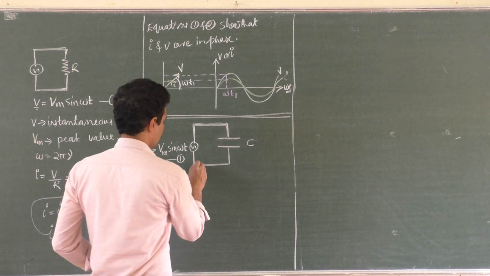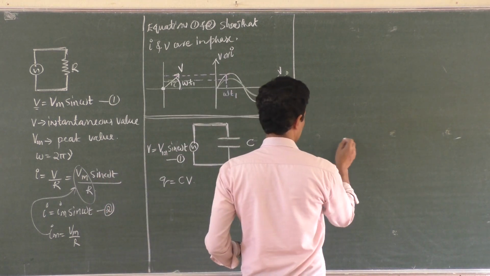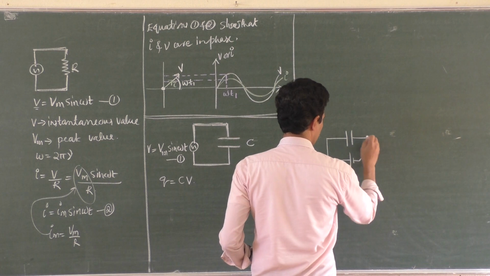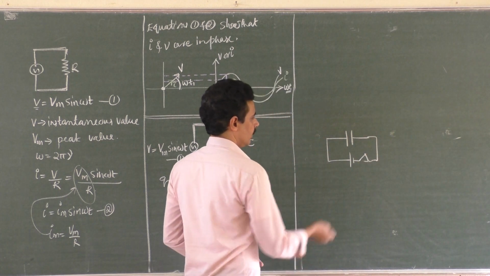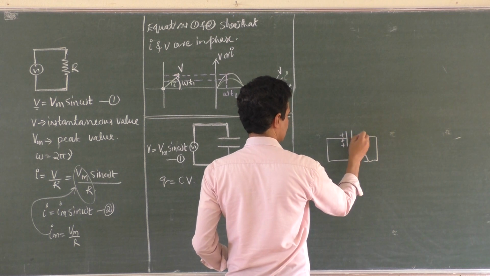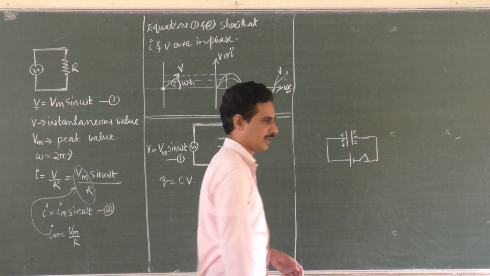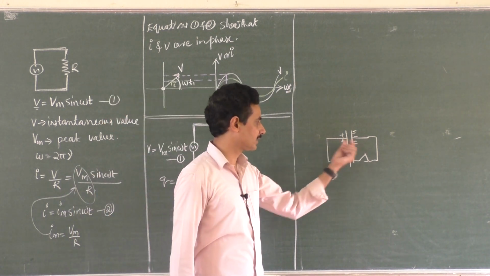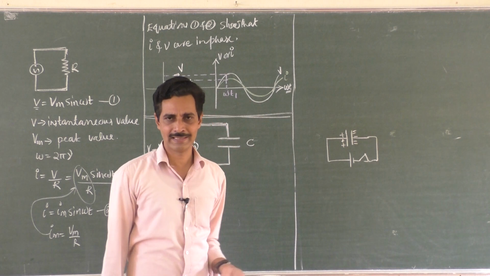Now as you switch it on, you know that this diagram, I need it again. So battery, and as you switch it on, one by one electron is transferred, and the one which loses electron gets positively charged, one which gains electron gets negatively charged. As the capacitor gets charged, charge stored in the capacitor goes on increasing.